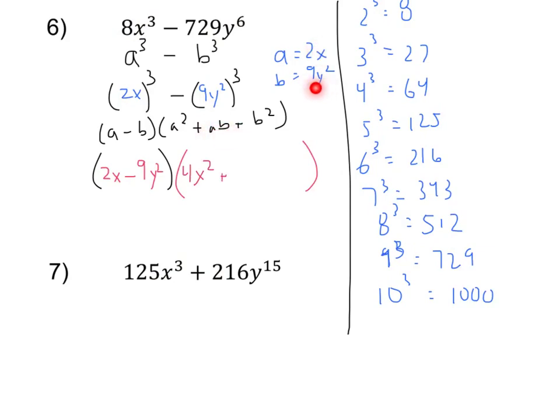So 2x times 9y squared, that would be 18xy squared. And then lastly, I need to take b and square it. So 9y squared times 9y squared would be 81, so plus 81y to the 4th. And that right there is our answer.